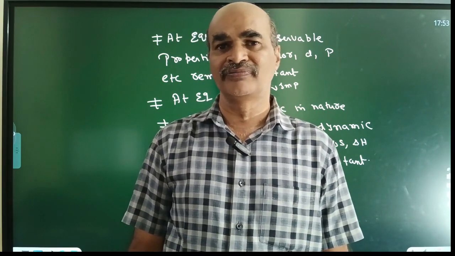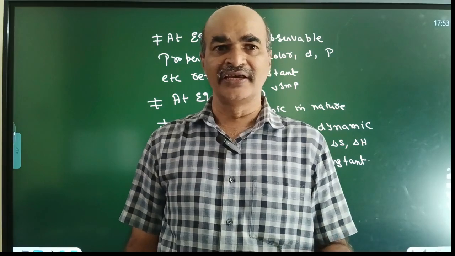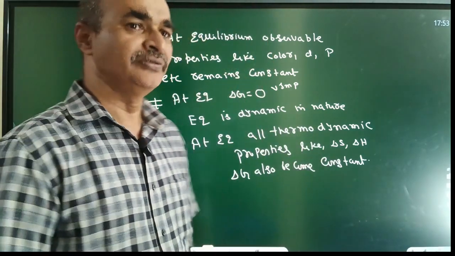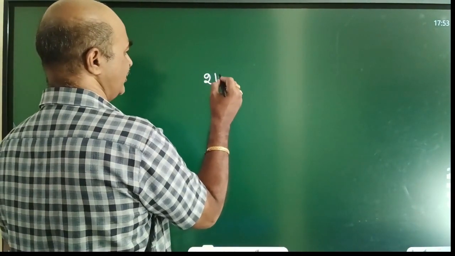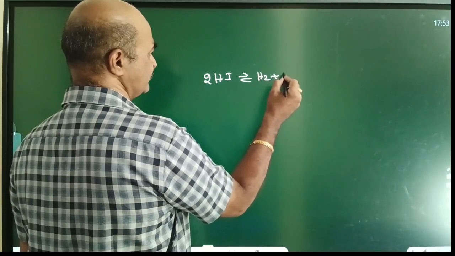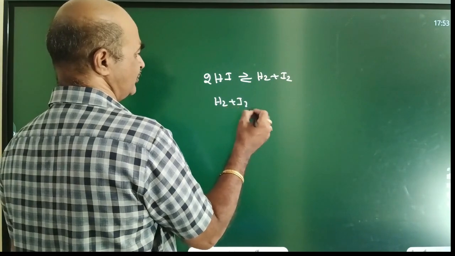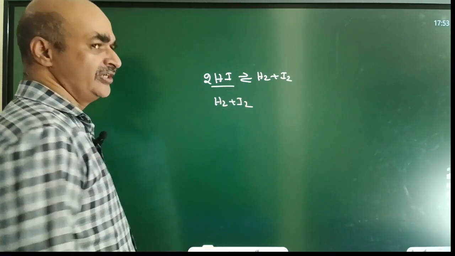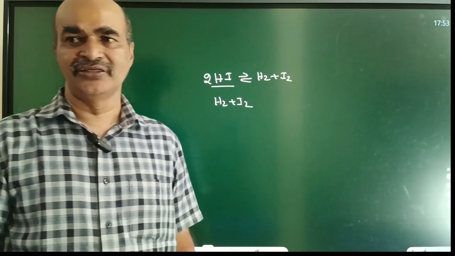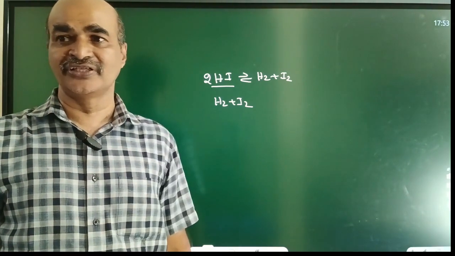Another important property is that equilibrium can be attained from either direction. For example, if you take HI, HI decomposes to give H2 plus I2, and equilibrium is established.